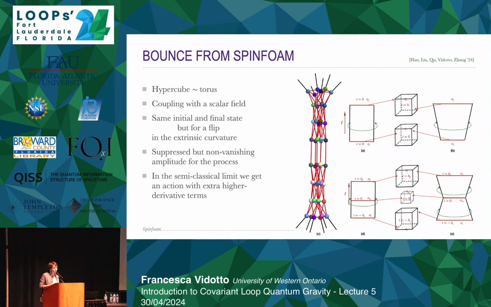So I wanted to check all the paths in which the amplitude is suppressed, so the probability is very low, but it's not zero. This is exactly where you have a tunneling, like it happens all the time in quantum mechanics. Does it make sense? Maybe Carlo will talk more about this later.